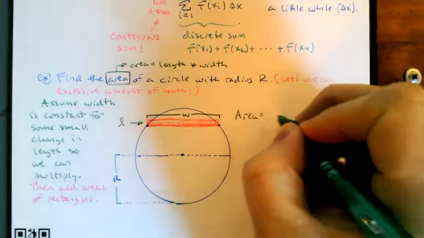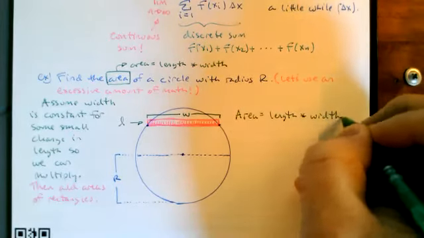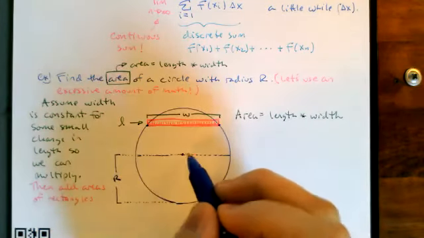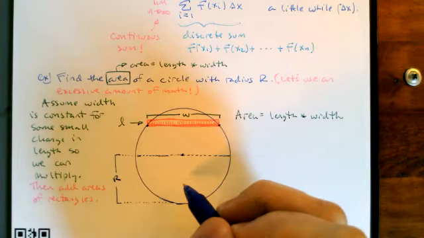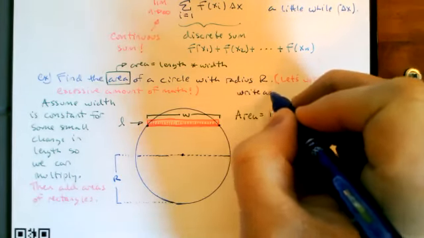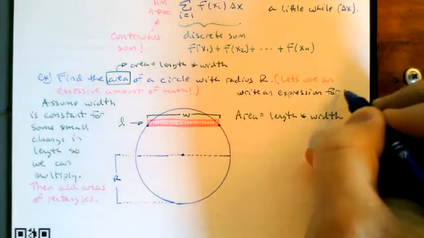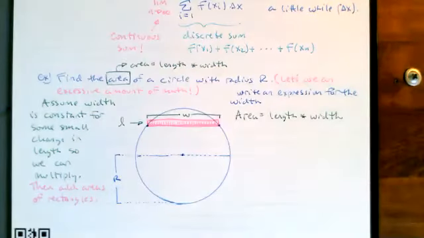Area is equal to length times width. And my plan is to write an expression for the width based on where we are in the circle. Write an expression for the width based on where that strip is in the circle.